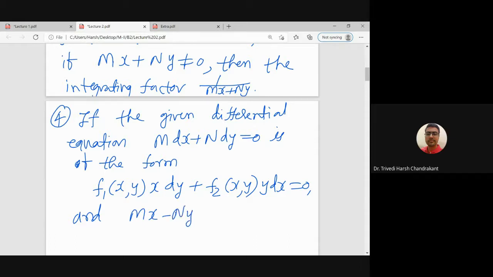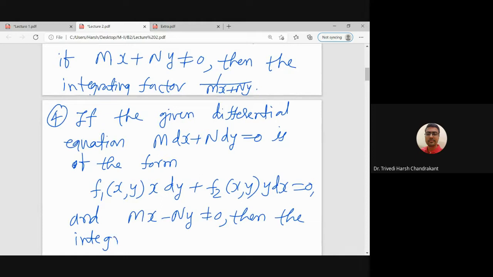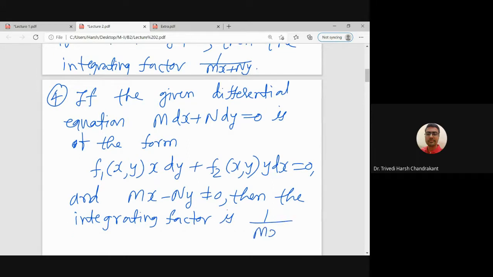So if Mx minus Ny is non-zero, then the integrating factor is 1 divided by (Mx minus Ny).